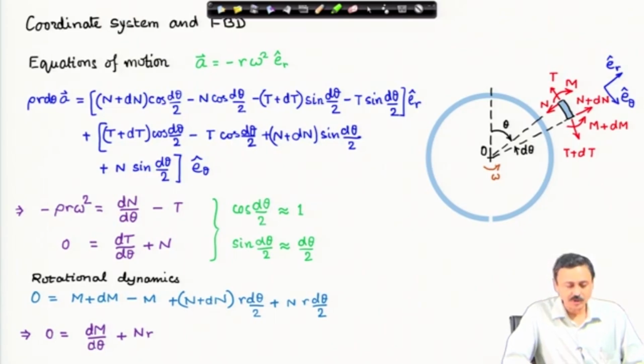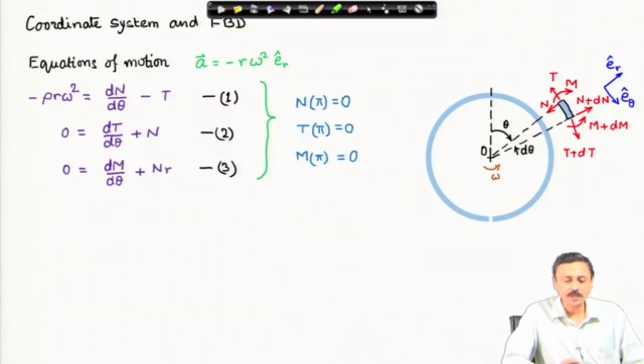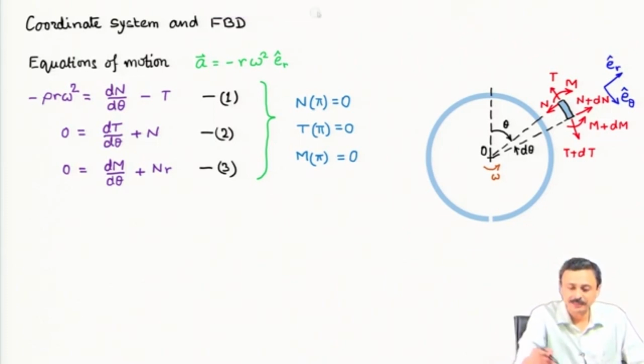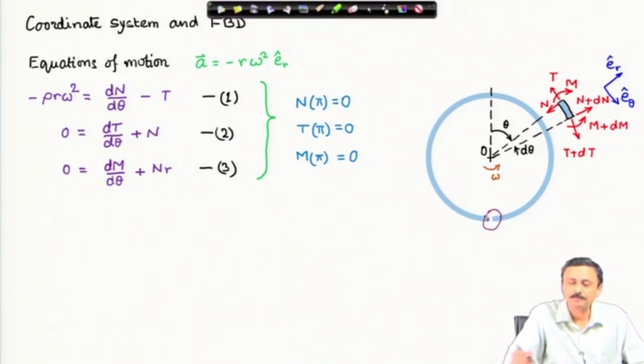Now, I have these 3 first order ordinary differential equations to solve for n, t and m. Since when we integrate we will have constants of integration, therefore, to uniquely solve for the system we need boundary conditions, and boundary conditions are provided by this split end at this split.